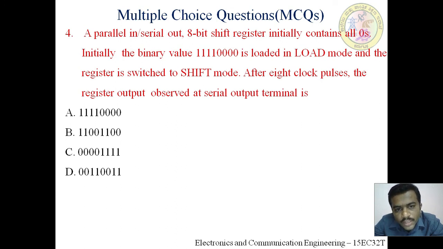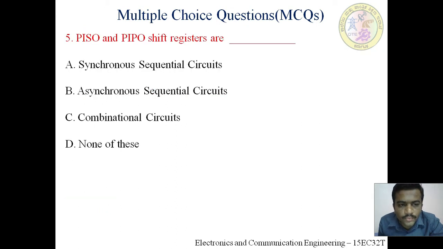It means that after 8 clock pulses, the binary value 00001111 will shift out of the shift register. Hence, the answer for this question is C, 00001111.